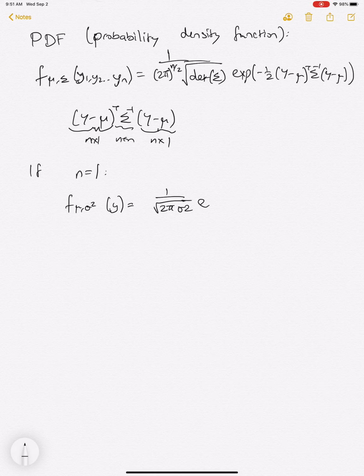And then in the exponential, it looks very similar with this sigma inverse here. We see this sigma squared in the denominator, so it has a very similar form to the univariate case, but now we have matrix vector notation, and so this quadratic inside the exponential gets replaced with a quadratic form involving n variables.